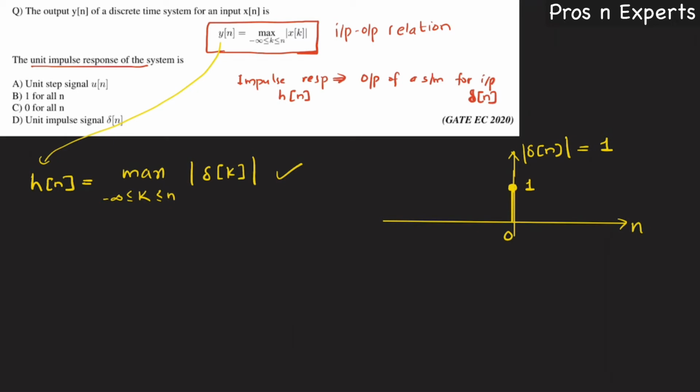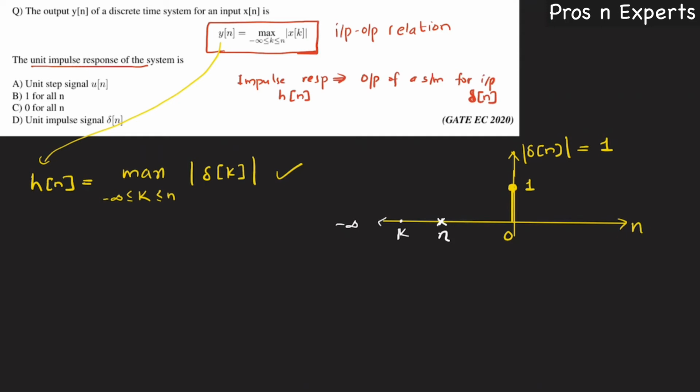I'm considering my n somewhere here, so k will be somewhere here, right? Minus infinity less than k less than n means k will be between minus infinity and n.